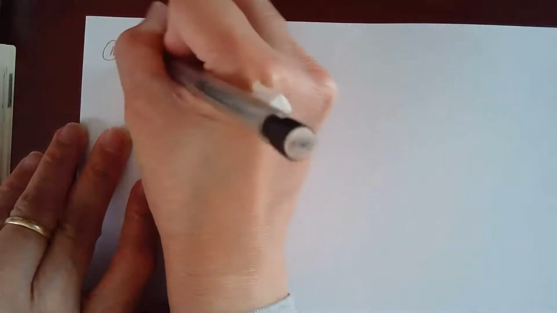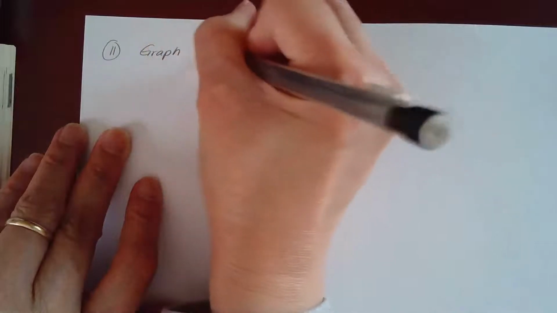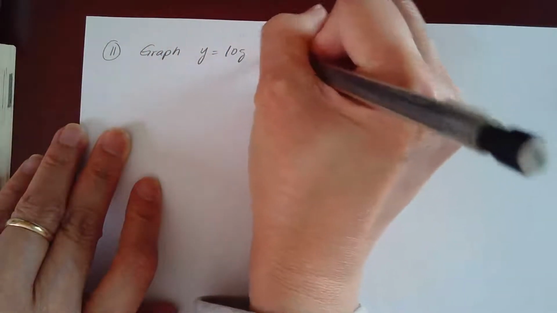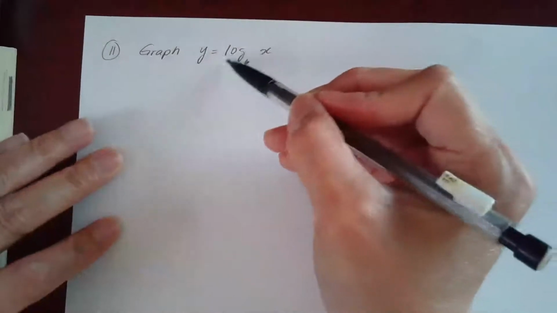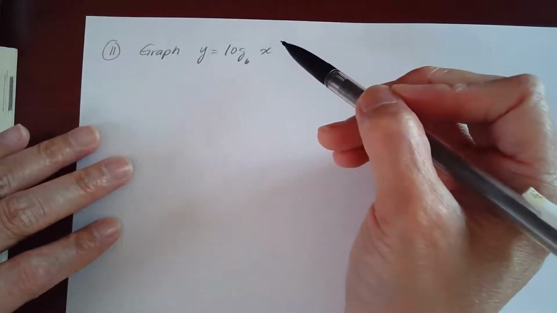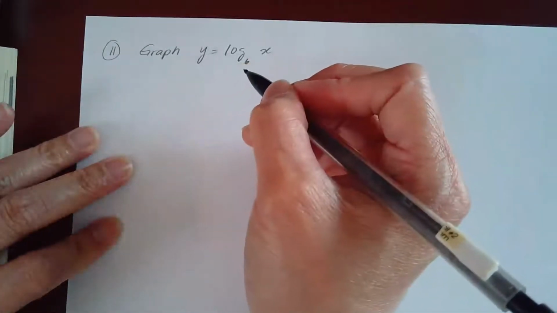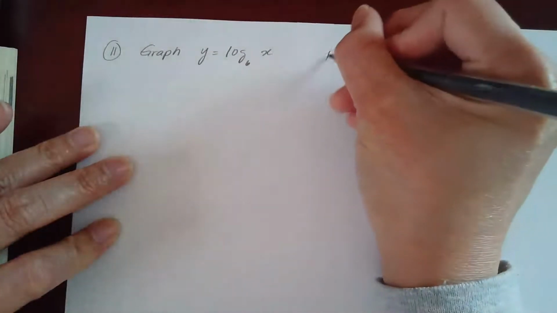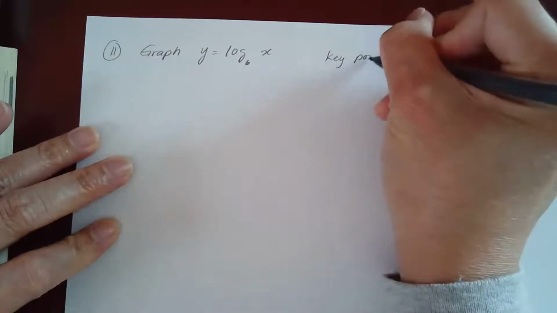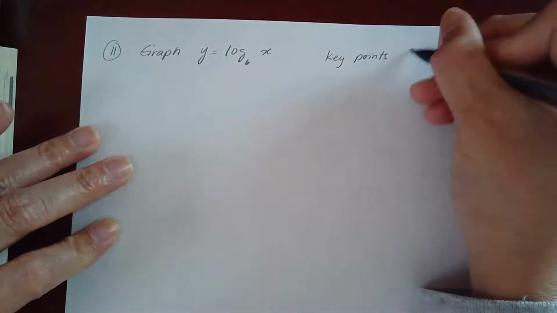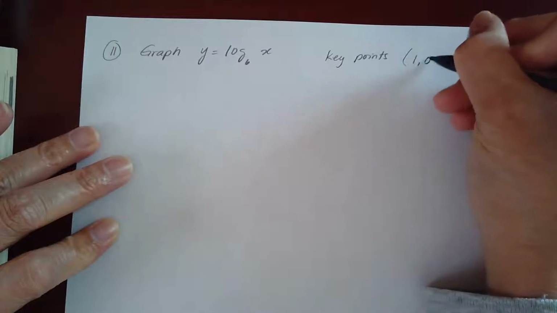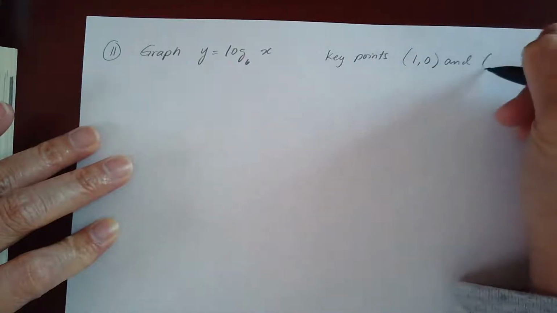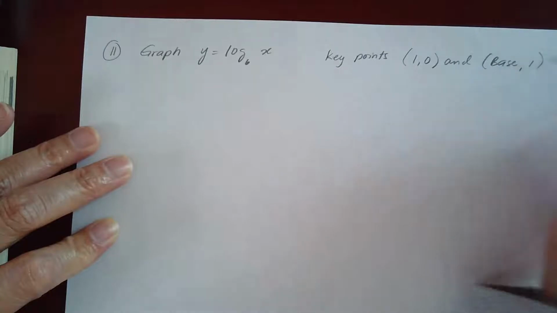So let's take a look at number 11. We're going to jump to 11. It says graph y equals log base 6 of x. Now, this is the logarithm graph. When we talk about the logarithm graph, we said that the key points are (1, 0) and (base, 1).